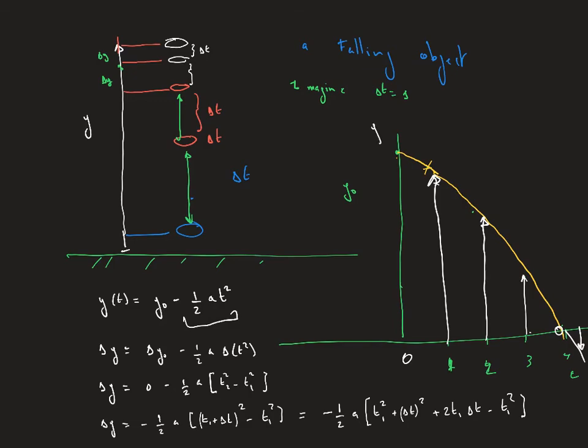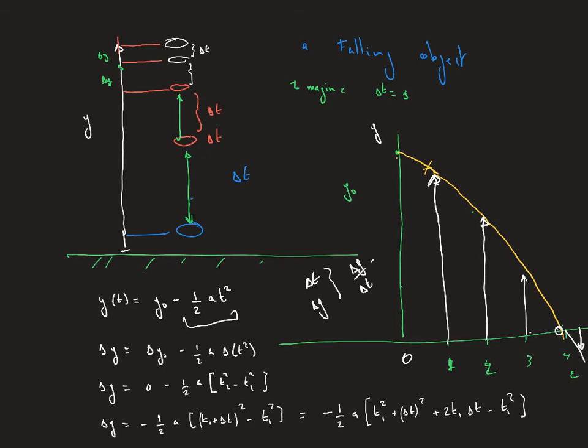So this is the y-axis. Let's check what I want you to do. If I change the time by delta t, how will it change delta y? And I want you to calculate delta y divided by delta t.